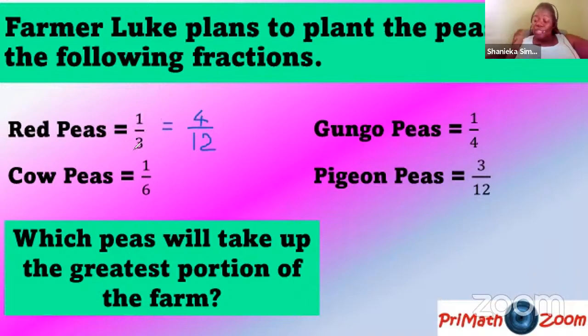We can create equivalent fractions by multiplying as well as dividing. So 3 divided into 12 goes 4 times, and we multiply that 1 by 4, and we get 4. We write 4 right here, and we end up with 4 12s.